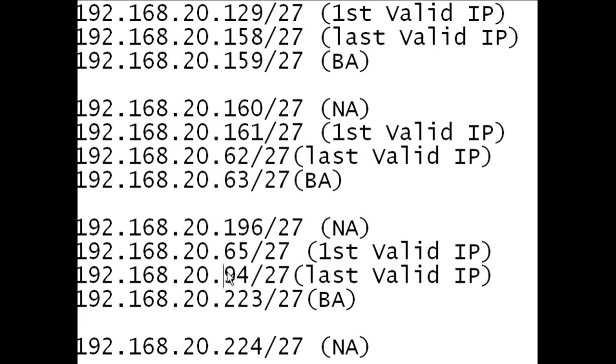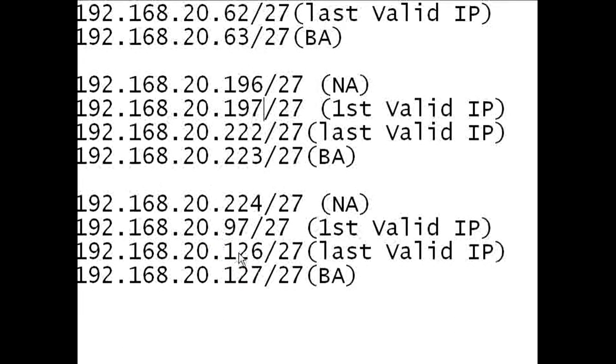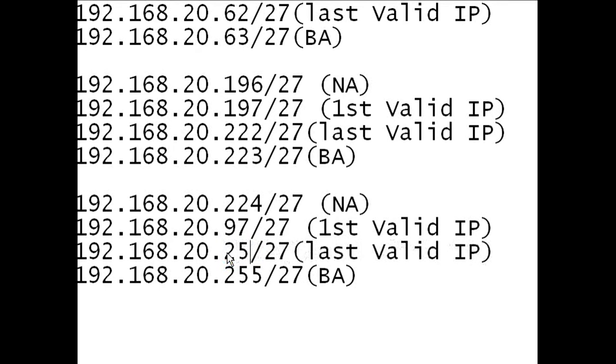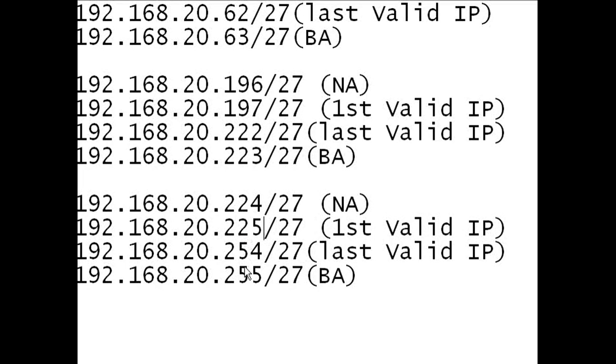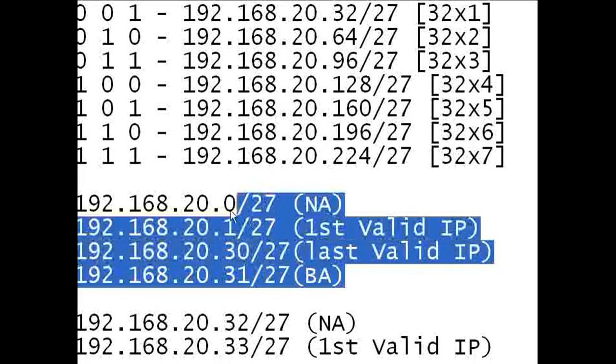Initially when there was a calculation, people used to say that we should not take the first network and we should not take the last network. But that initial concept does not apply now. Initially people used to say that for host calculation we use 2 to the power n minus 2, and for creation of subnetworks also 2 to the power n minus 2 should be applied.